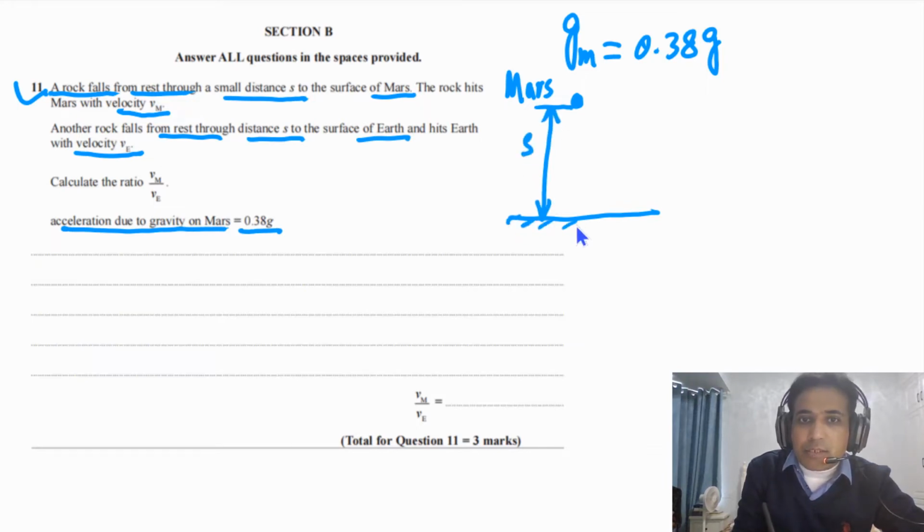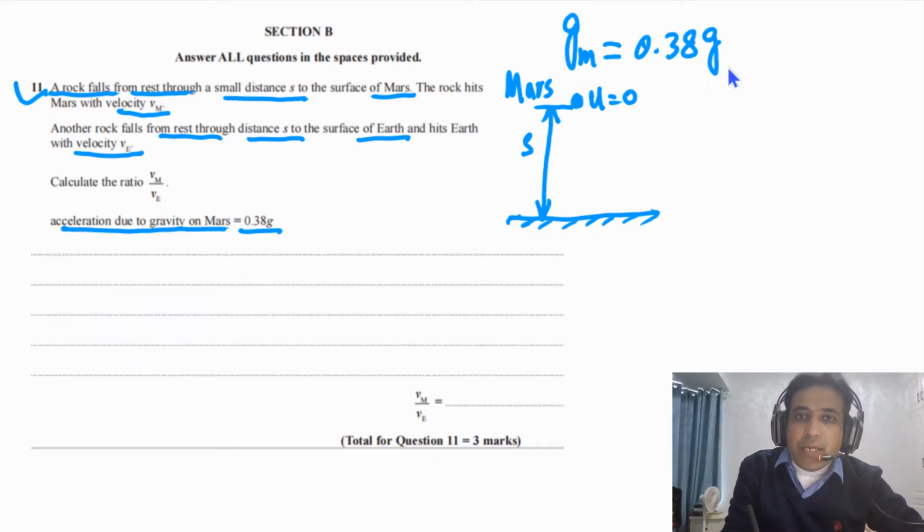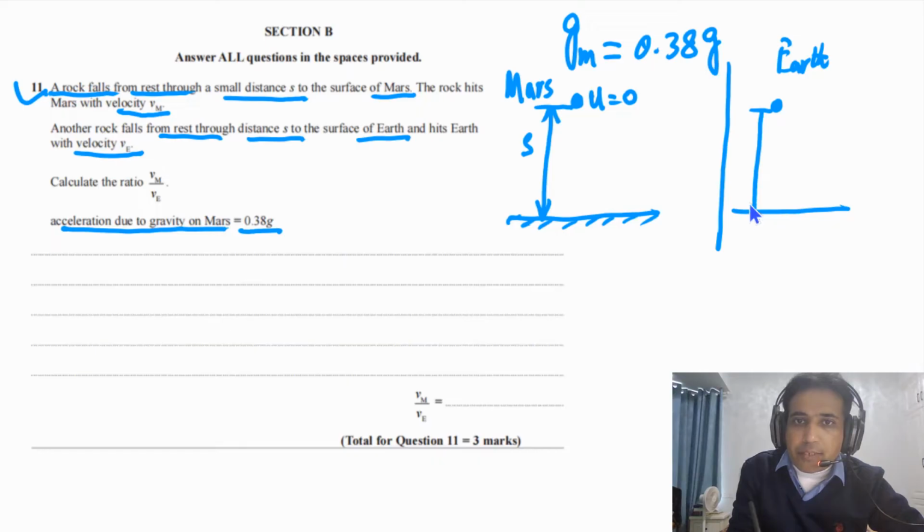It started from rest, so u is equal to 0. And the second case is Earth. It also started from rest, so u is equal to 0 as well, and the distance fallen is s.